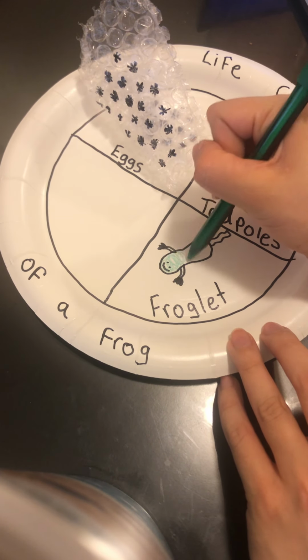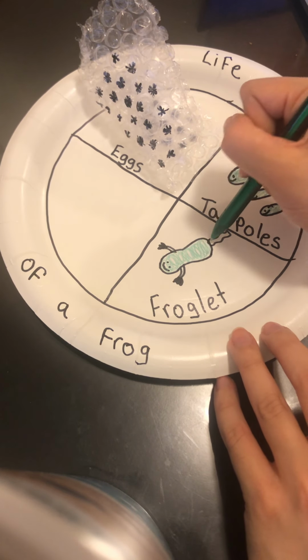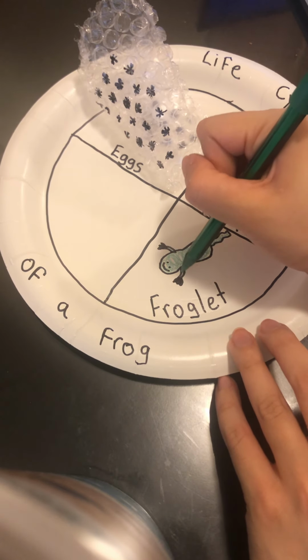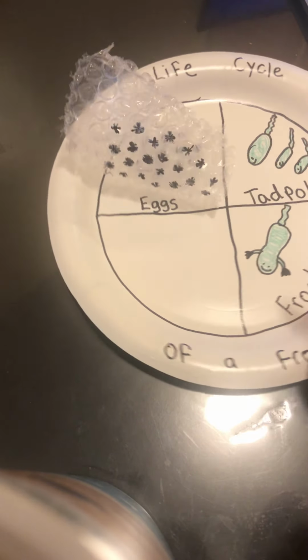And as the froglet swims around the pond and eats and grows, eventually his tail transforms into legs. And that is the final step of our life cycle. Becomes a frog. F-R-O-G.